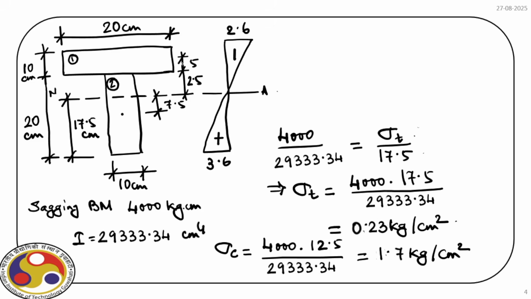So as we move away from the neutral axis, bending stress increases, and we can plot the bending stress distribution over the entire cross section. Now you get the idea how you can use the model that we have developed, that is sigma by y is equal to M by I and is equal to E by R.